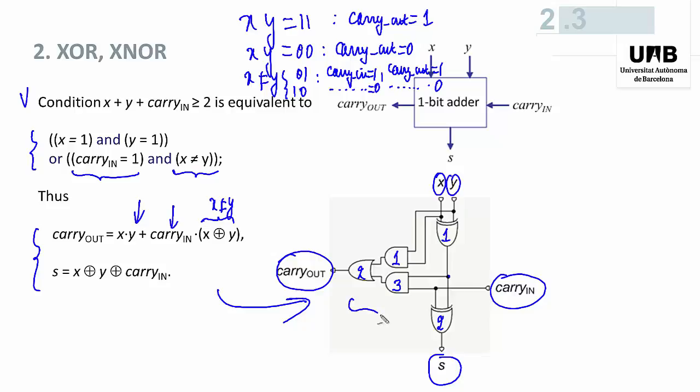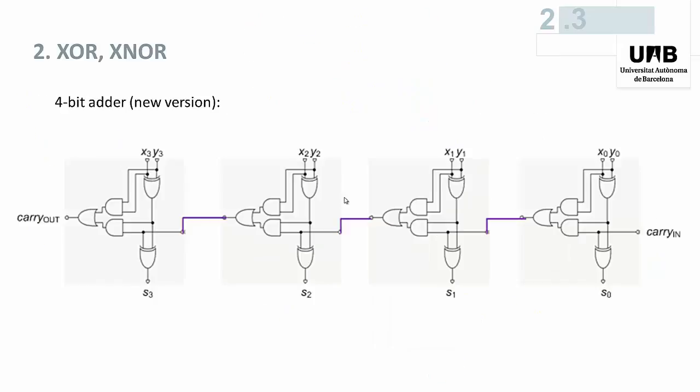By the way, those AND and OR gates could be replaced by NAND gates. You can check that the result is exactly the same. So we get a new version of our 4-bit adder with 4 identical sub-circuits serially connected.